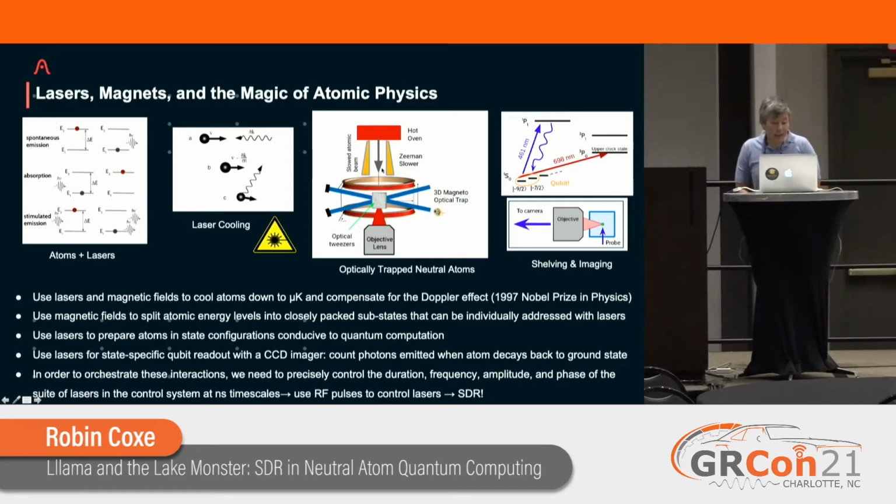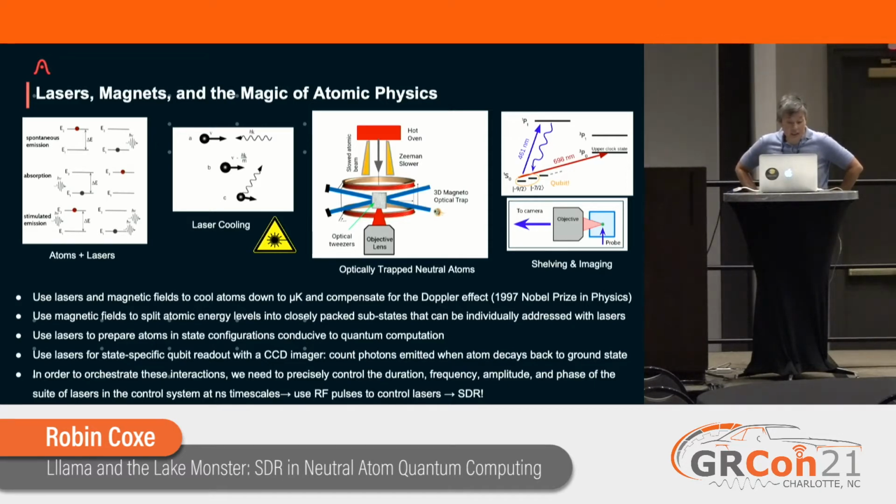And then we use a laser beam that's propagating in the opposite direction from the atoms traveling down this path into the region of interest to slow down and cool the atoms. We're using magnetic fields to trap the atoms in an array, and then we use them to split the atomic energy levels into closely packed substates so that we can individually address the atoms with lasers and manipulate them into the states that we need for our qubits.